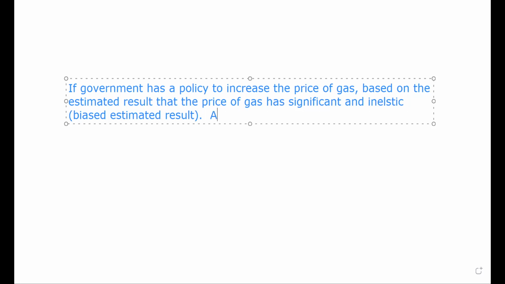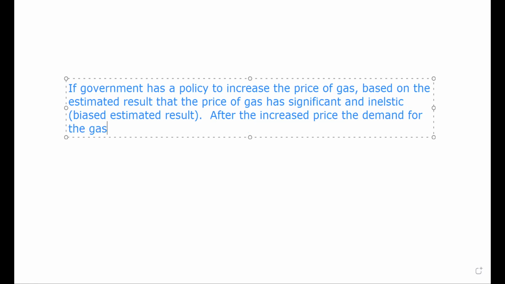So after the government increases the price, the demand for gas, if inelastic, means that with an increase in price, the demand decreases by a smaller amount compared to the price.